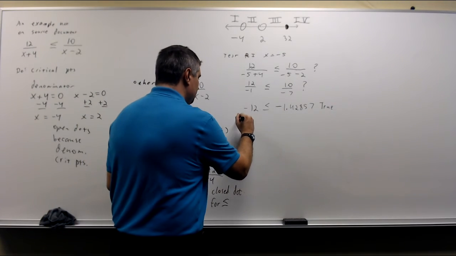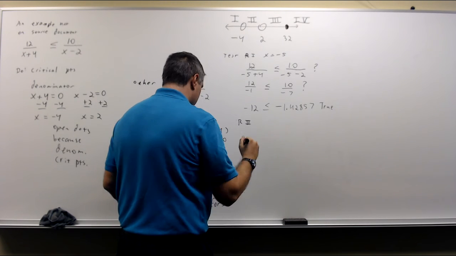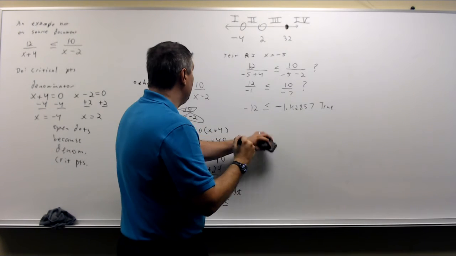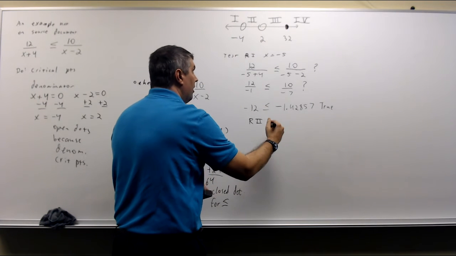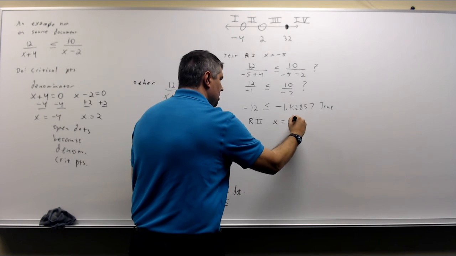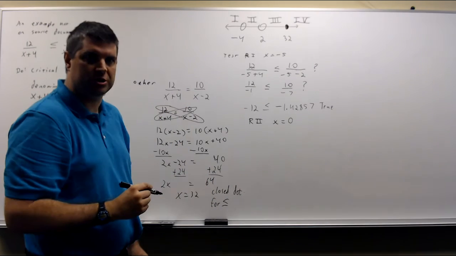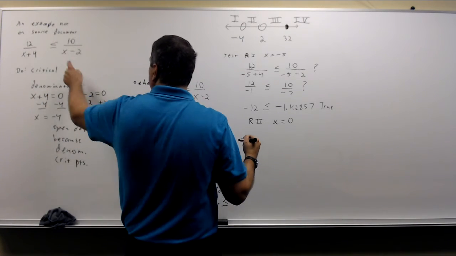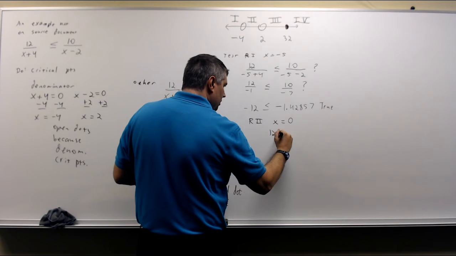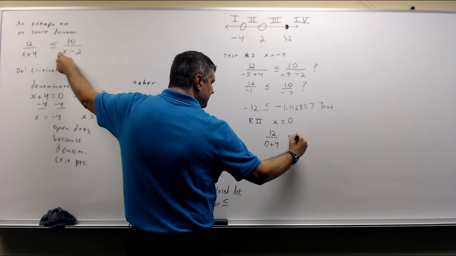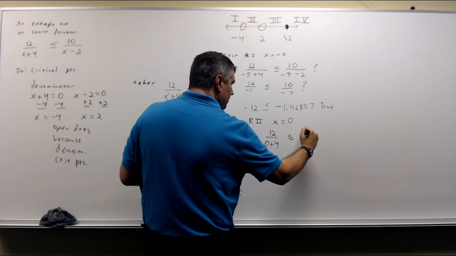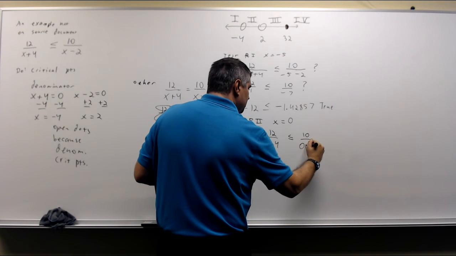Region 2. Region 2 is right here, and it has 0. So since it has 0, we'll use 0. So we have 12 over 0 plus 4. I want to know if it's less than or equal to 10 over 0 minus 2.